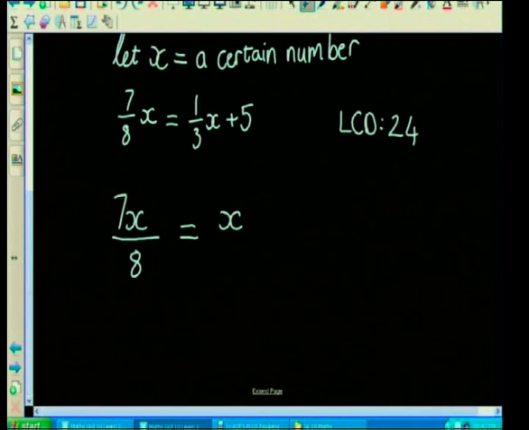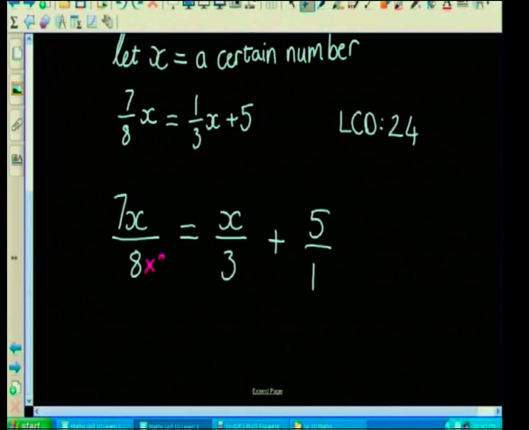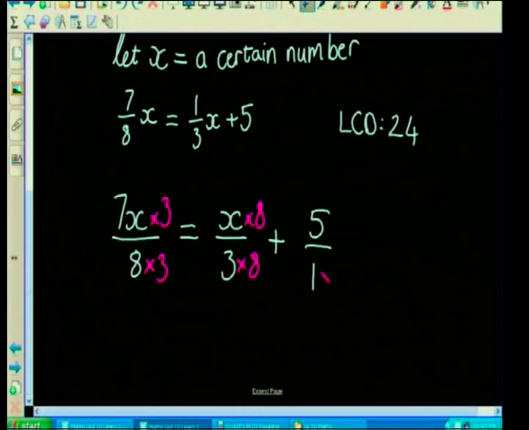So we have x over 3 plus 5 over 1. 8 needs to be multiplied by 3 to make it 24. 3 needs to be multiplied by 8 to make it 24. And 1 needs to be multiplied by 24 to make it 24.